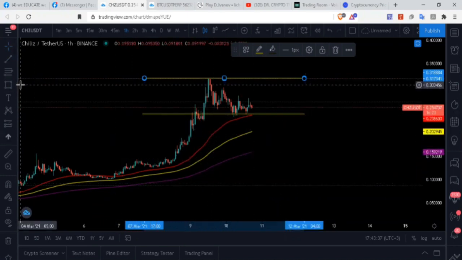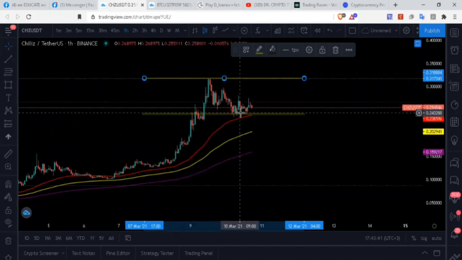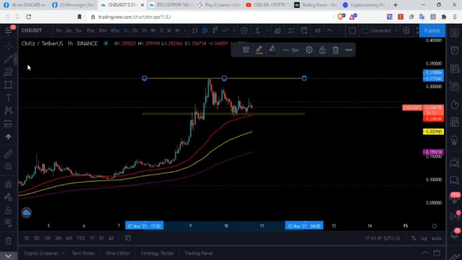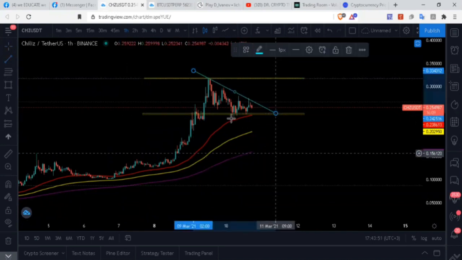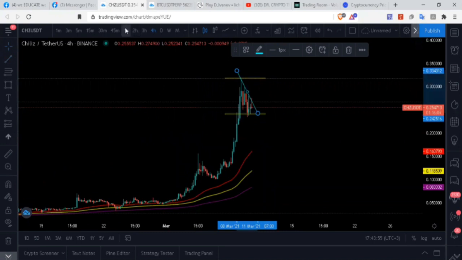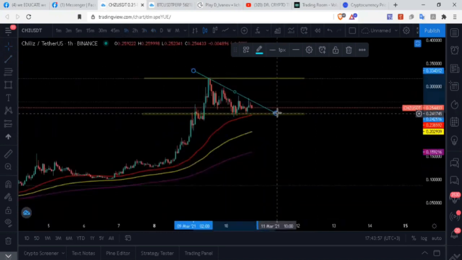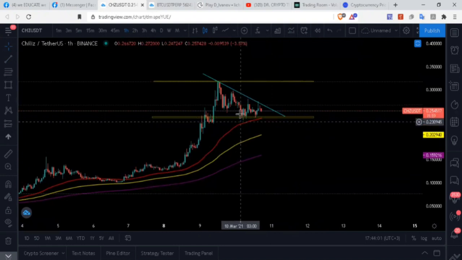There are so many support and resistance types, but here we will use dynamic and the common support and resistance. So we will plot it. You can see here the 4 hours. So this is the support and resistance.